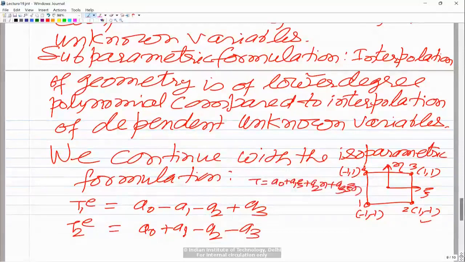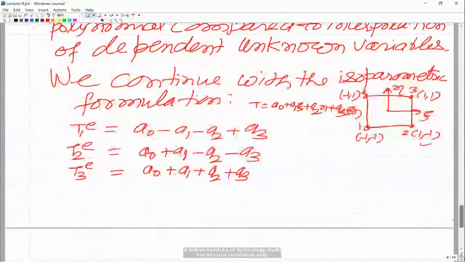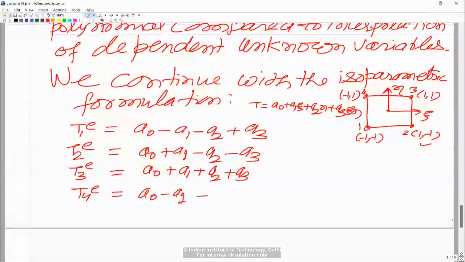And then T3 is the value of temperature at node 3, where xi and eta both are plus 1. So this will come out as a0 plus a1 plus a2 plus a3. And then you will have T4e for the coordinates xi eta are minus 1 and plus 1. So you will get a0 minus a1 plus a2 minus a3. And let us say this whole thing is equation 3.